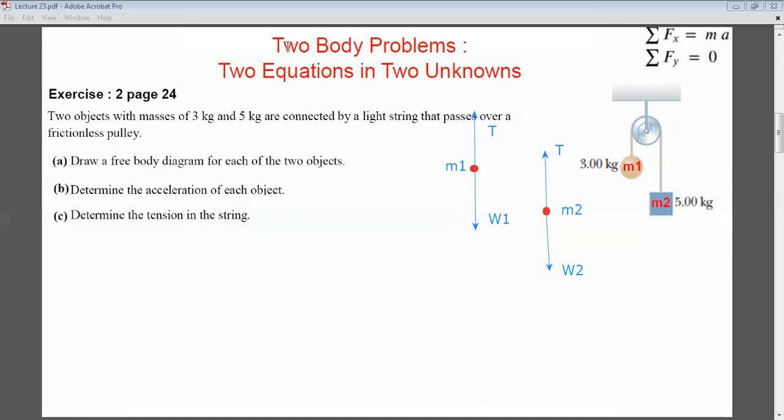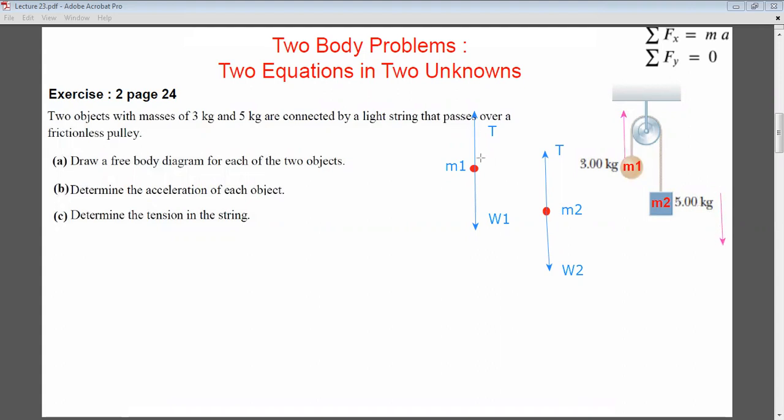Now we have to draw the x-axis and the y-axis. So let's see how the objects will move. This is 5 kilogram, this is 3 kilogram. So how will the objects move? This will move upward and this will move downward.